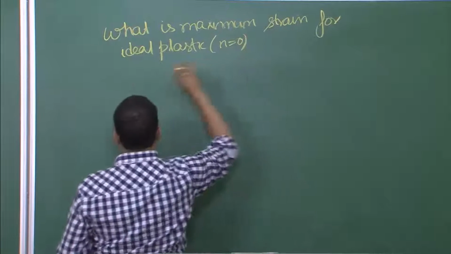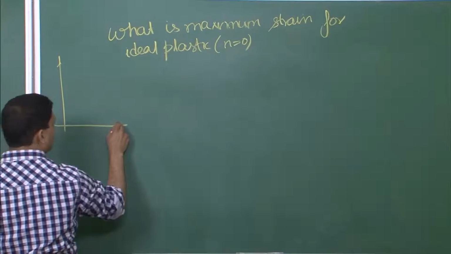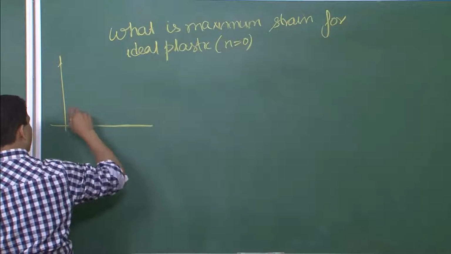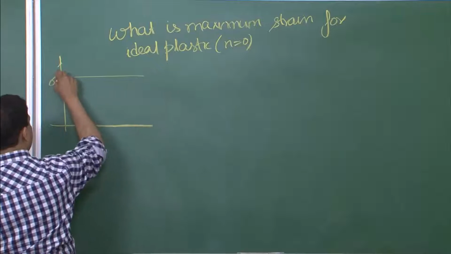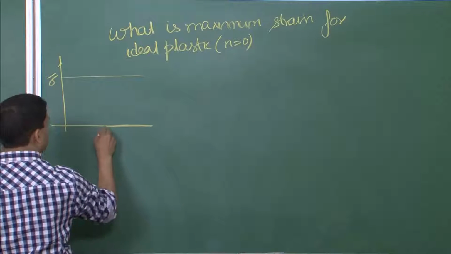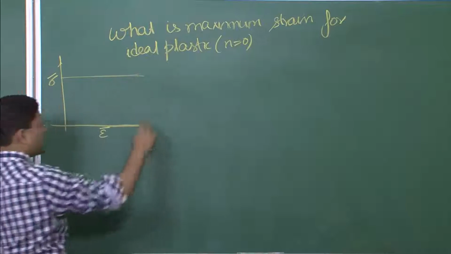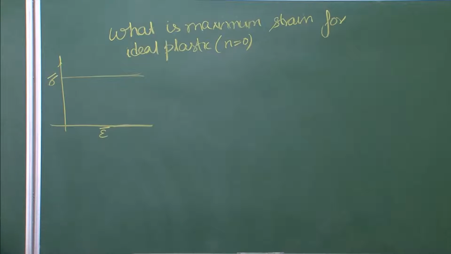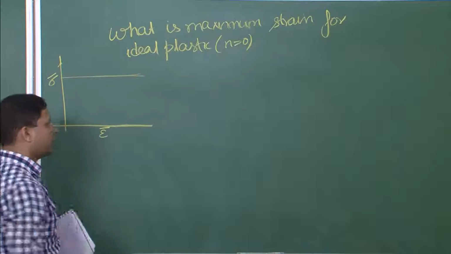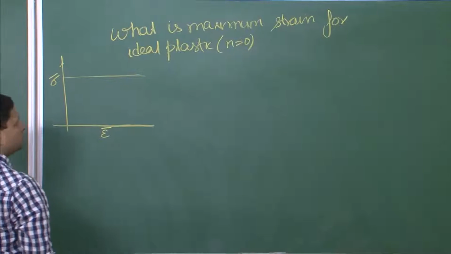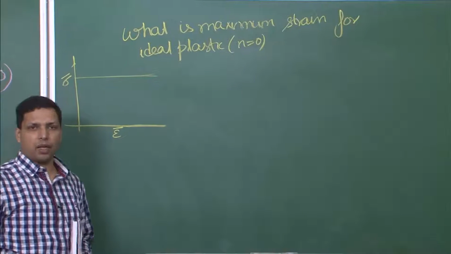That is, if you were to draw the true stress strain plot, for the flow behavior part it will remain constant. So, this is sigma bar, epsilon bar. So, the material flow stress value remains constant no matter what the strain is, and that is called the ideal plastic. The question is, what will be the maximum strain for this kind of ideal plastic when you are doing a wire drawing operation.